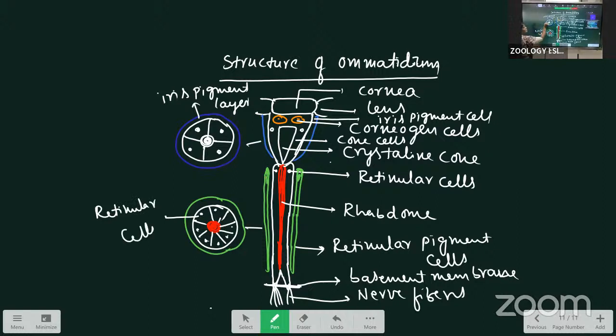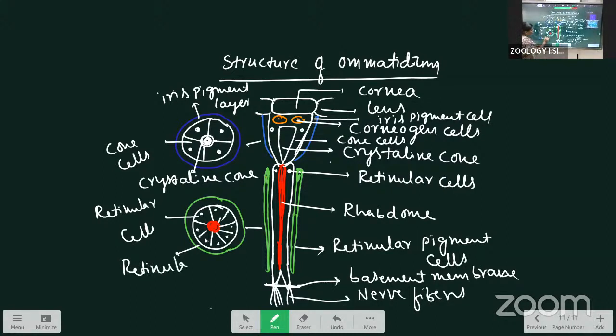Same retinular cells. These are cone cells. Crystalline cone. Retinular pigment sheet. This is the diagram. With this, we completed the three diagrams. We practice the diagrams compulsorily. This one was the last one, Ommatidia. With this, we finish the lesson Periplaneta.